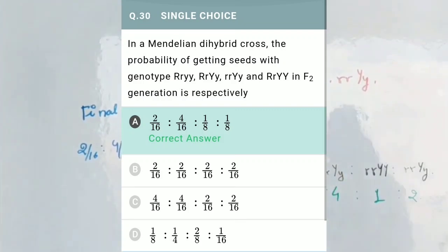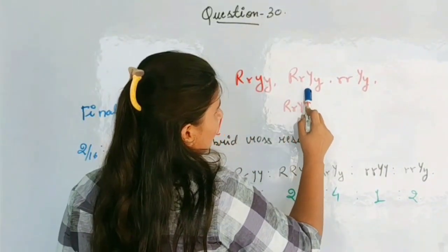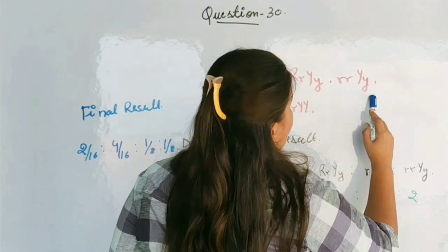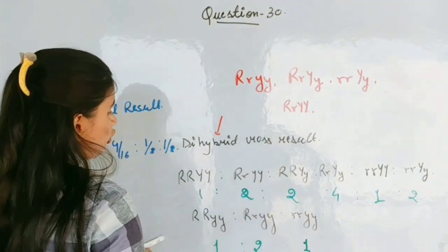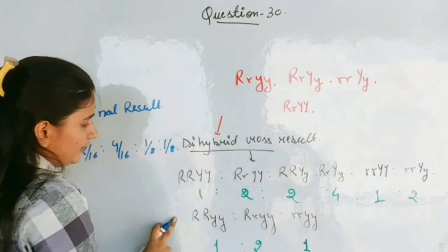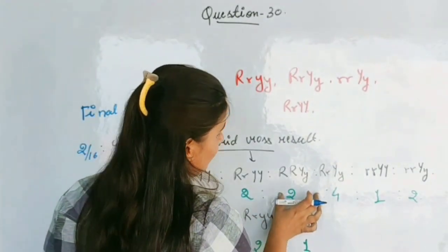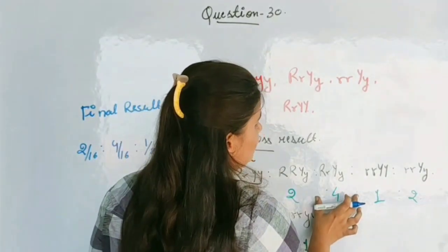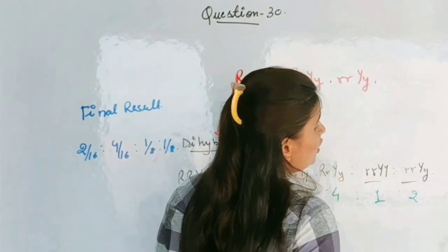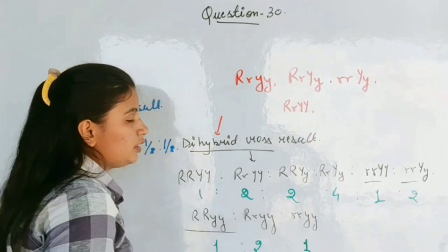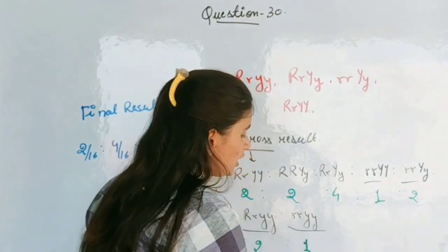Now if we look at the genotypes given in the question, the dihybrid cross result is what I have mentioned here, that is RR YY, RR Yy, RR yy, Rr YY, Rr Yy, Rr yy, rr YY, rr Yy and rr yy.